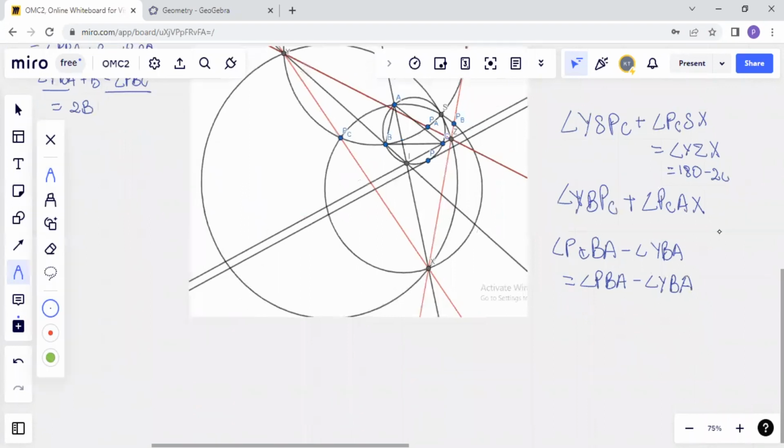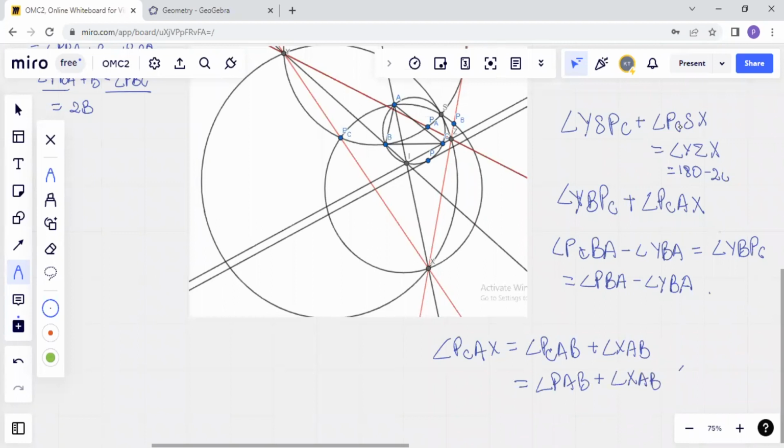And angle PCAX, we can do some similar stuff. Angle PCAX is equal to PCAB plus angle XAB. Now PCAB is equal to angle PAB and XAB is just XAB.